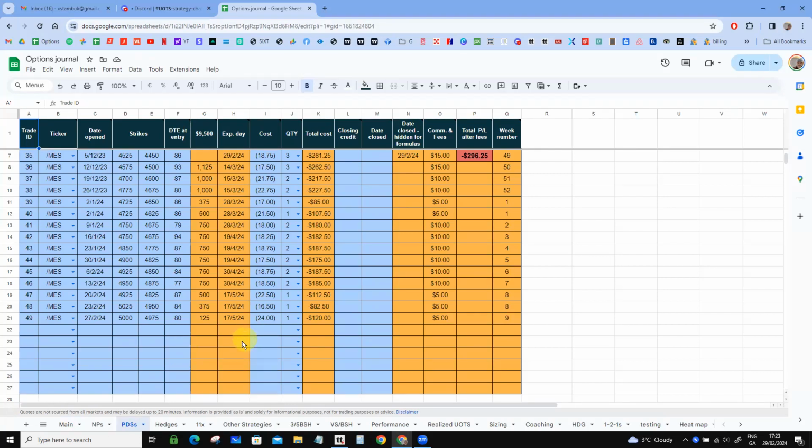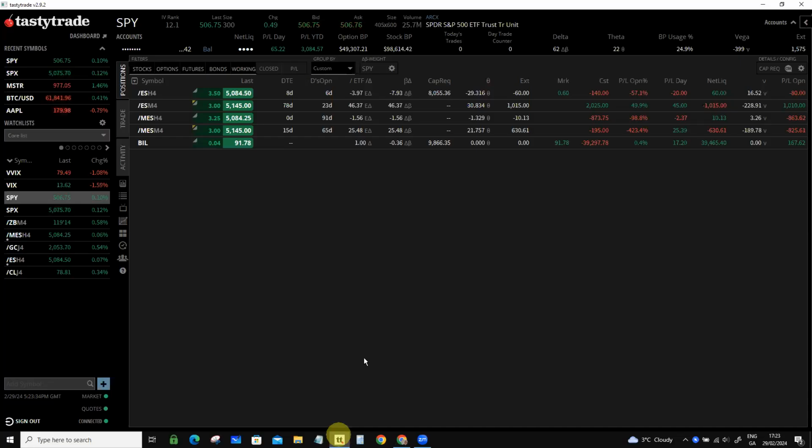We could put on one ES if we want to, but in order to trade a little bit more frequently, we'll do either 5 or 3 MESs, and we'll go back to ES soon. But for right now, maybe we'll do another MES, and we can probably do another 5. But let's see what we can get in that.